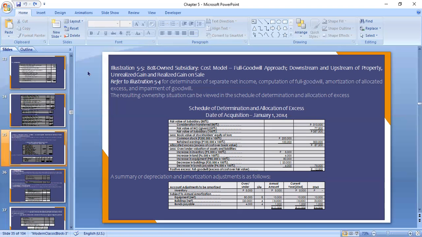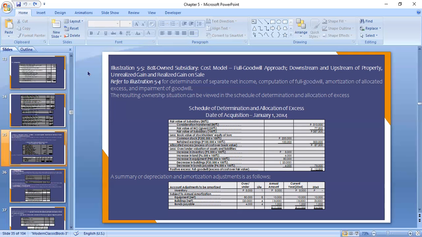So we have now the schedule of determination and allocation of excess when the date of acquisition is January 1, 20x4. We now begin with the fair value of subsidiary, 80%. Then we have the consideration transferred at 80%. We are now adding 77,500 fair value of non-controlling interest given at 20%.